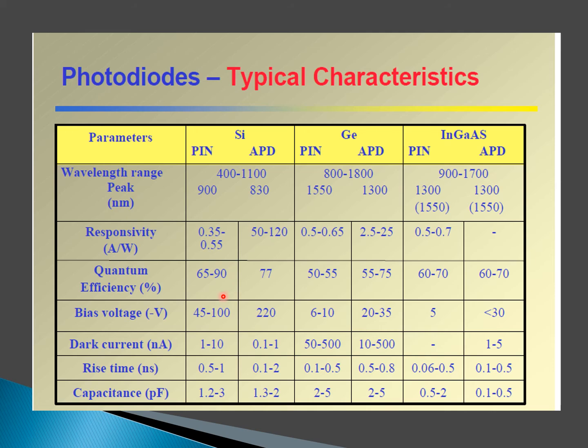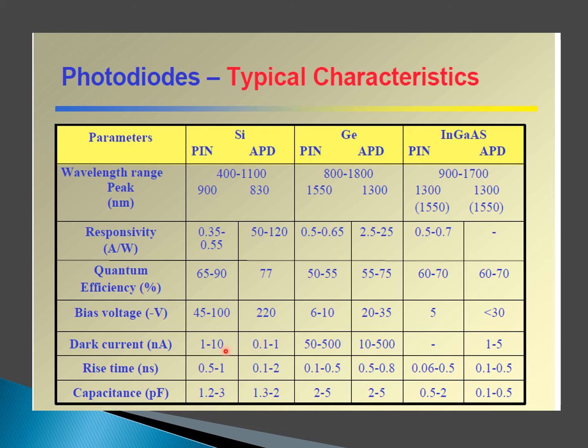You can also see the difference in quantum efficiency. For bias voltage, we need a higher bias voltage for APD as compared to PIN. The same goes for germanium and indium gallium arsenide photodiodes.